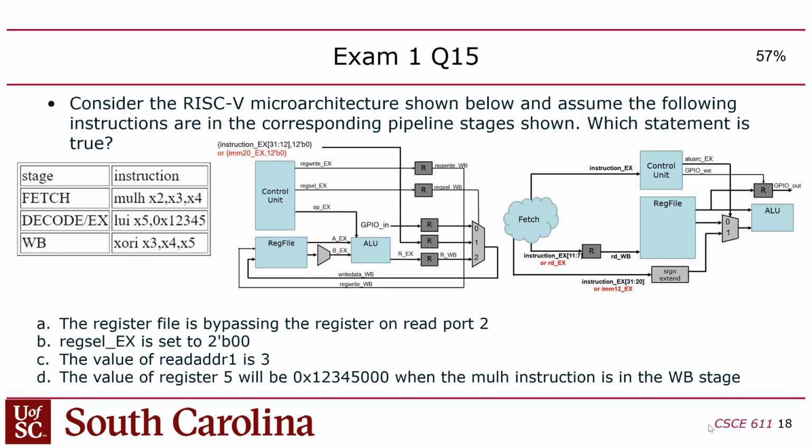The read address 1 has to be the RS1 because, well, you could probably reverse them, but you'd have to change the ALU. The ALU is expecting, for example, when you do a shift instruction, it's going to take the input on the A input on the ALU and shift it by the amount on B, right? So if you swapped read address 1 and 2, there'd be implications in the design.